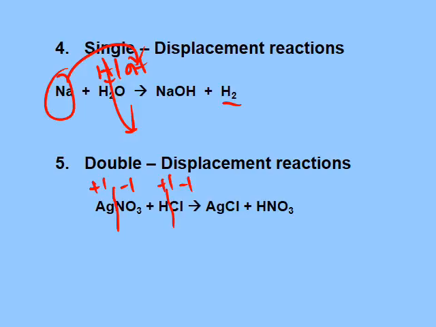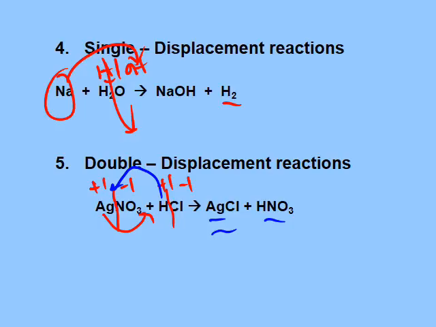Now in a double displacement reaction, basically silver takes the place of hydrogen and hydrogen takes the place of silver. So this is how it's going to happen, and silver and Cl become silver chloride, H and NO3 forms HNO3. Now keep something in mind when you write down the formula.